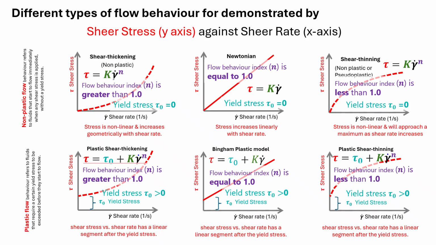You've got the Newtonian scenario where the flow index is equal to 1, and then the shear thinning where the flow index is less than 1. So it's really good for you to start relating these straightforward models to those flow index values and also to that k value, which in the case of the Newtonian model is literally the viscosity.